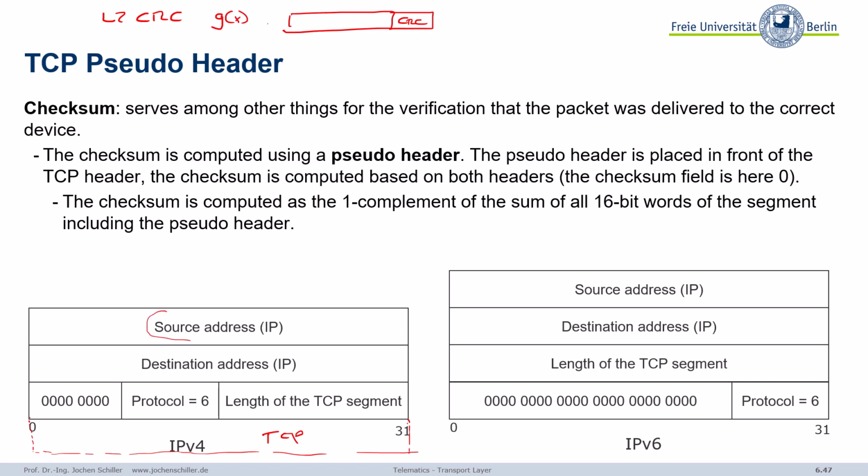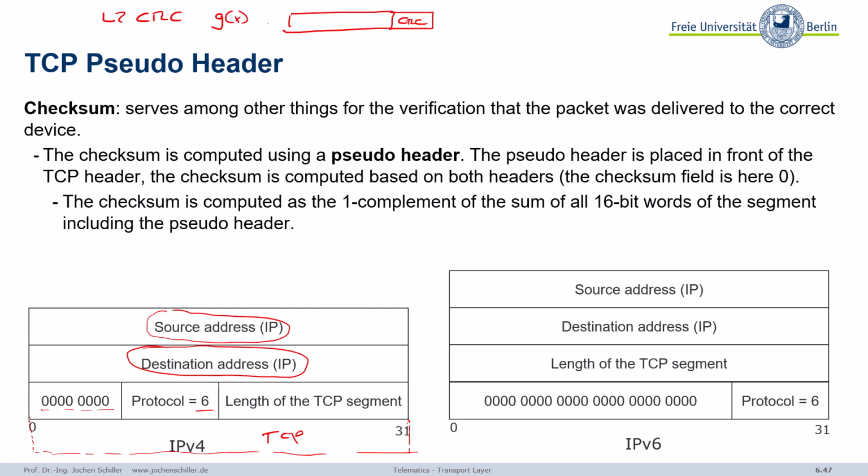This pseudo header consists of source IP address, destination IP address, some bits set to 0, then protocol is 6, that's for TCP, and the length of the TCP segment. And then we compute the checksum based on the pseudo header, the normal header and the data. So checksumming comprises pseudo header, regular header of TCP, and TCP data.